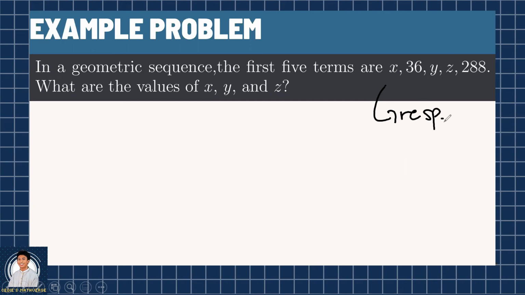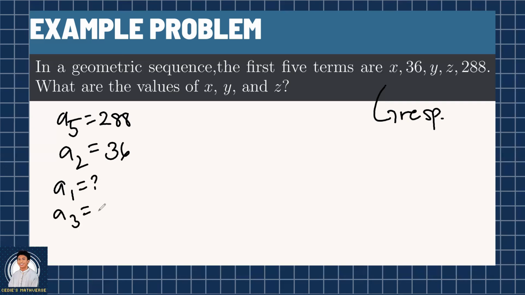What are the values of x, y, and z? So we have a sub 5 equals 288, then a sub 2 equals 36. We are tasked to find a sub 1, a sub 3, and a sub 4.